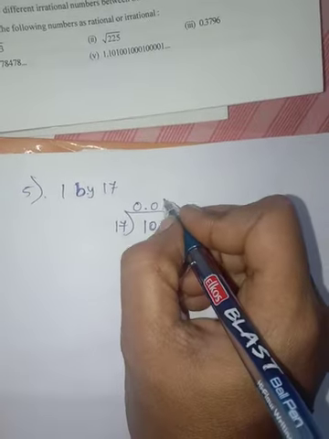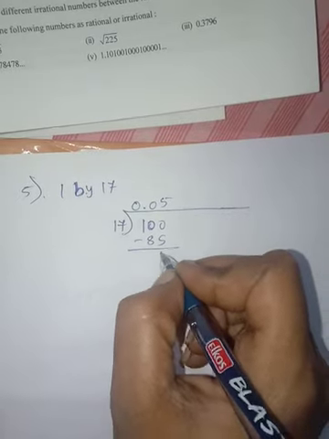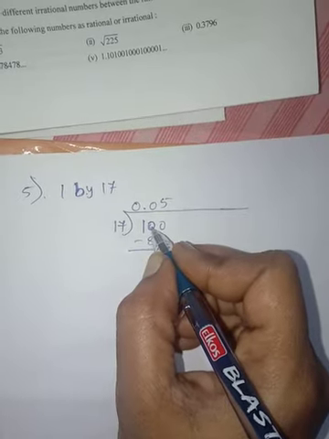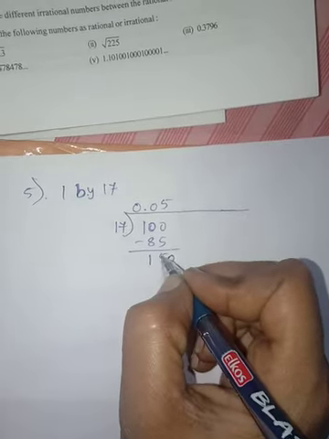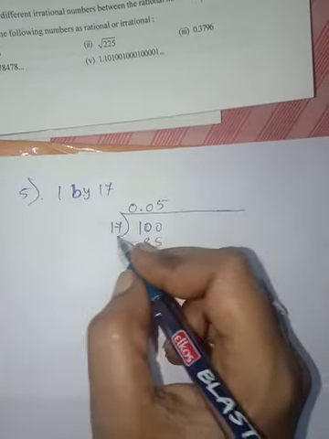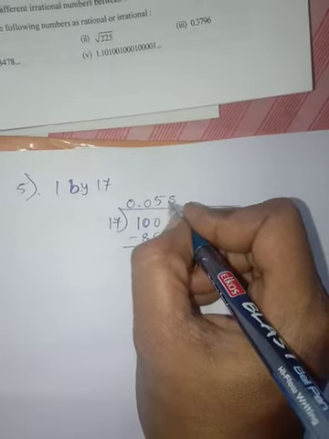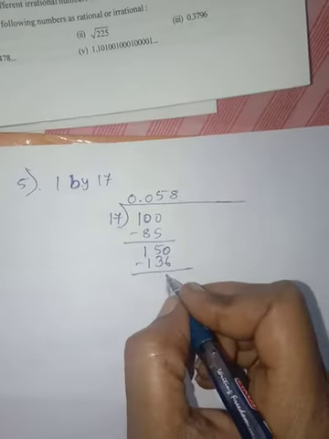Then 17 5s are 85. If I subtract this, 10 minus 5 is 5, 9 minus 8 is 1. I will take 0 here because 15 is smaller than 17. Again 17 8s are 136.